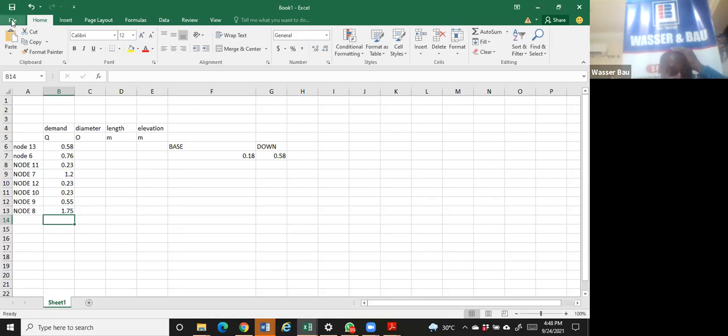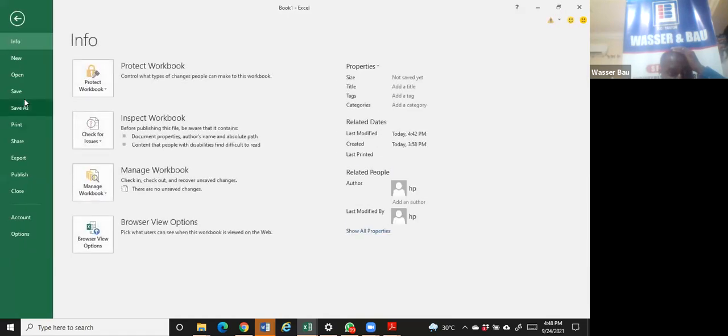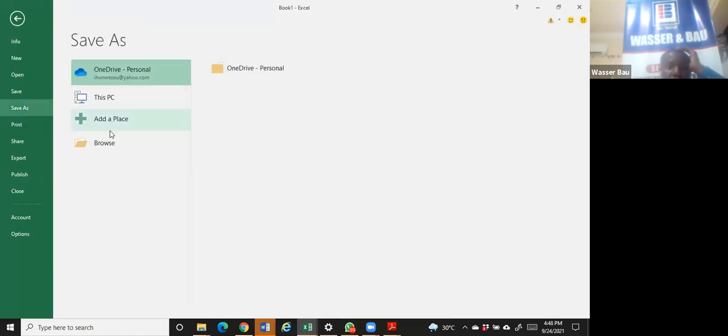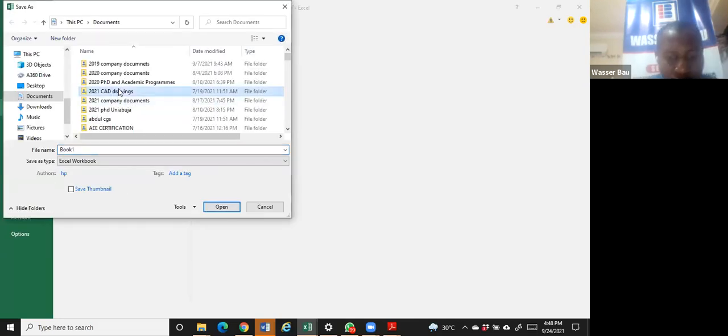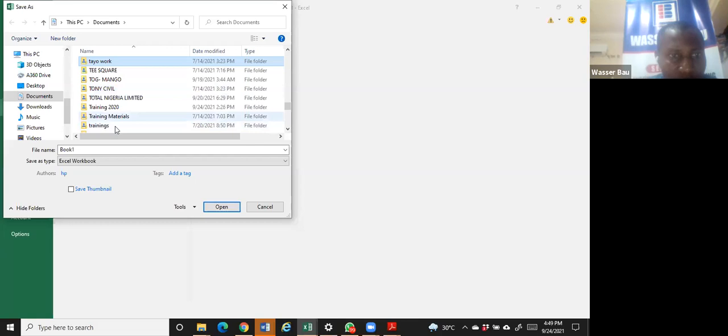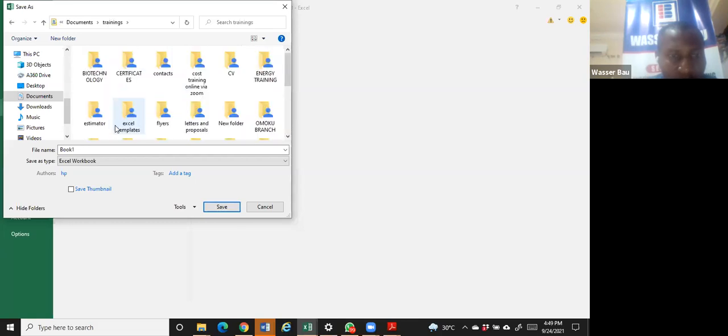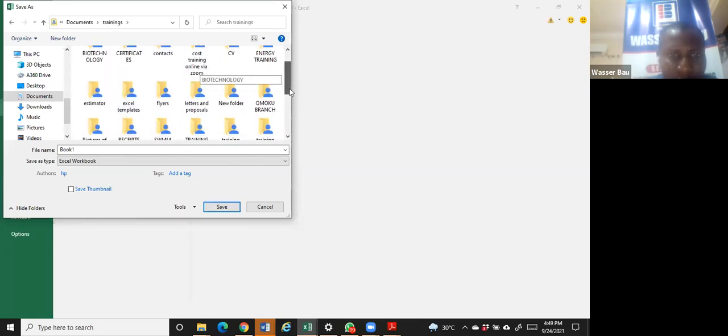So let me save this. I'm going to upload it and share it with us, because tomorrow that's what we're going to use for the computer model, just to introduce us to the computer model. So let me save it well. Here is that material, Epanet.